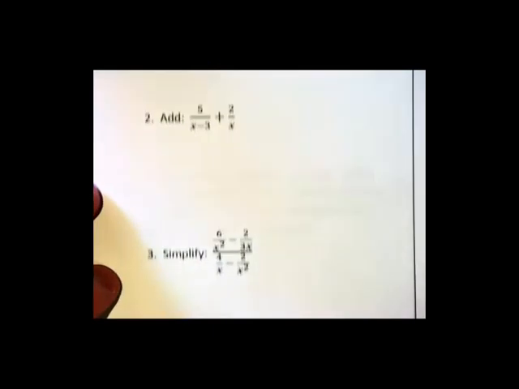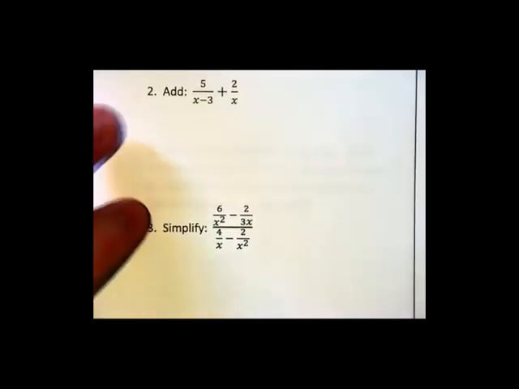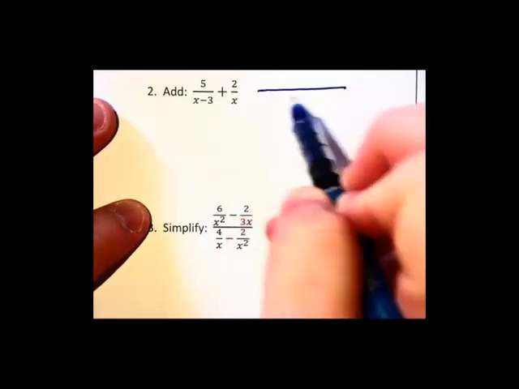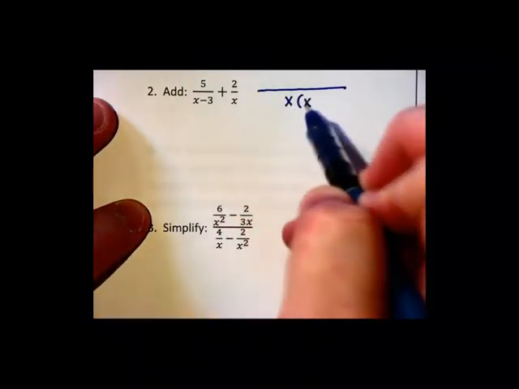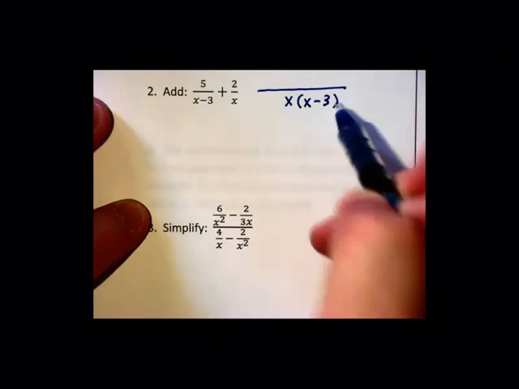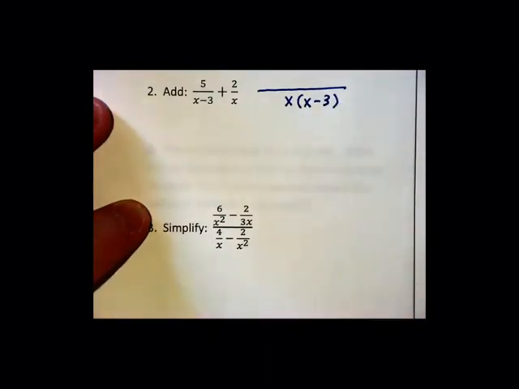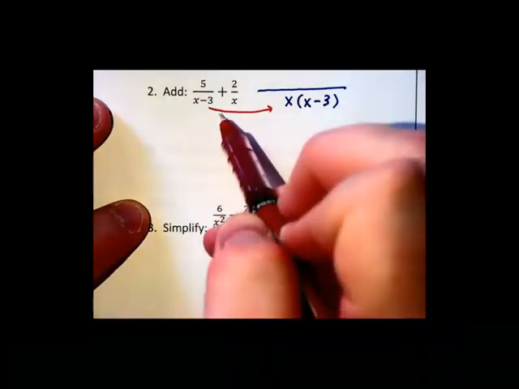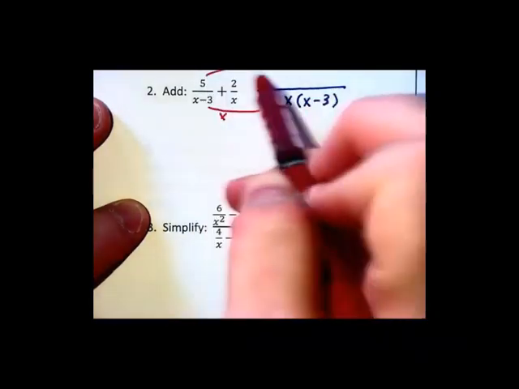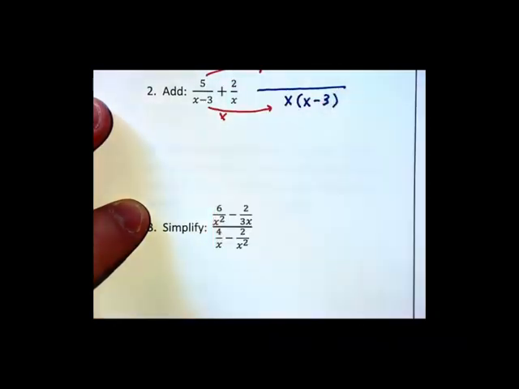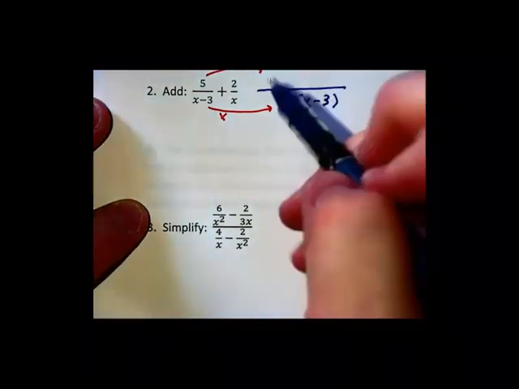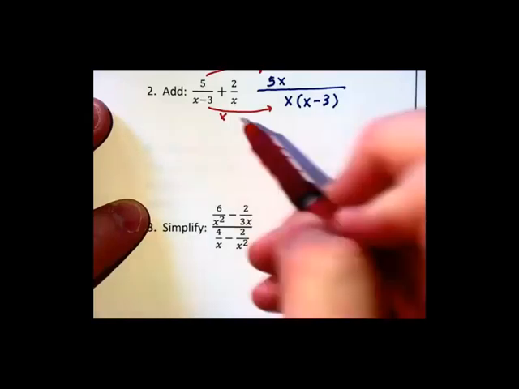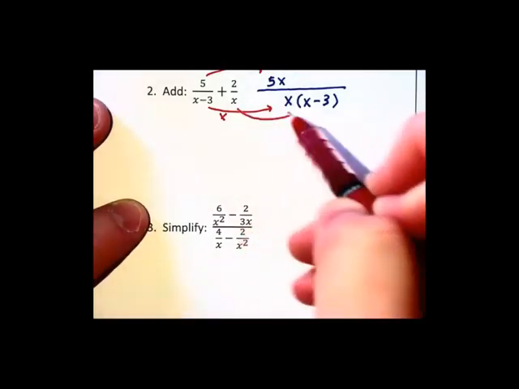In order to add fractions we need a common denominator, which will be the product of these two in this case. So we're going to write these over x times x minus 3. We look at the first fraction, we see how it has changed. We've multiplied by x down below, so we multiply by x up above, and that gives us 5x. Likewise, with the second fraction, the denominator has changed there also.